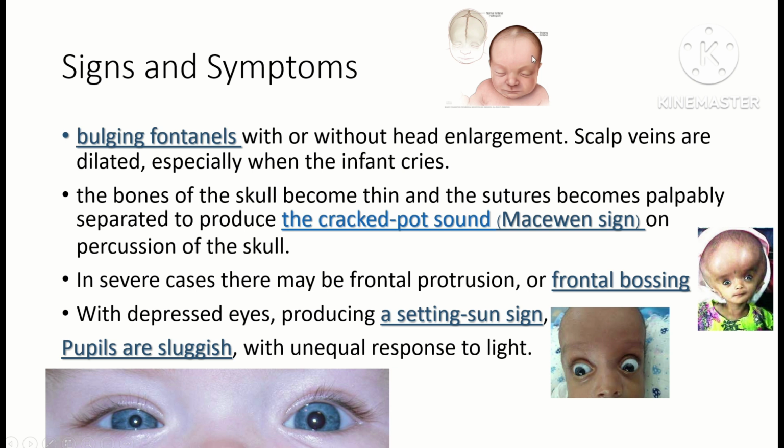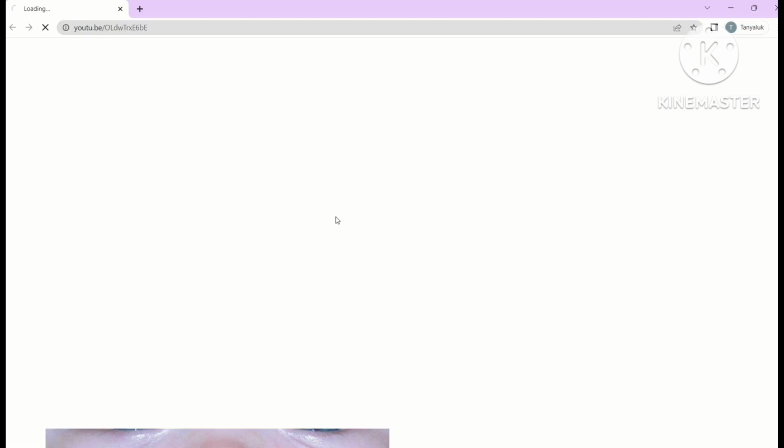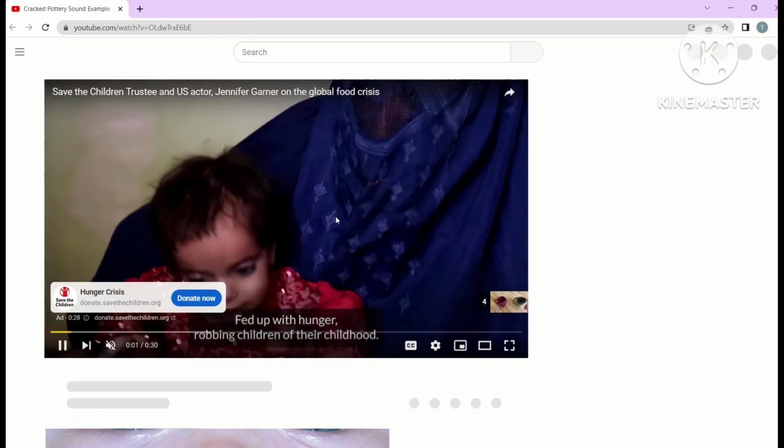Scalp veins are dilated, especially when the infant cries. The bones of the skull become thin and the sutures become palpably separated. And there is a cracked-pot sound, which means the sound of broken glass.